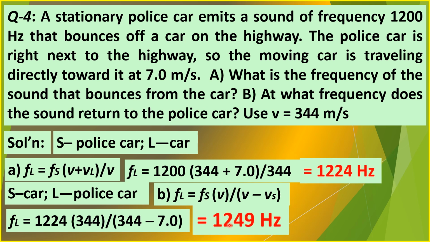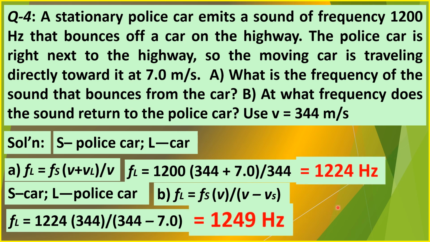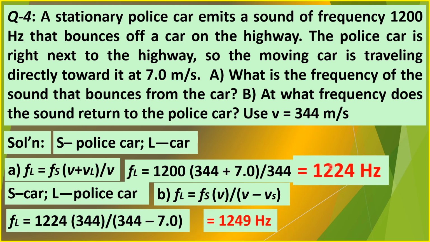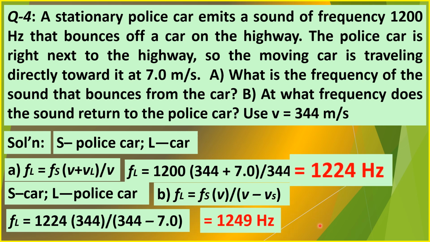Notice that this frequency is much higher compared to the original frequency of 1200 Hertz, or even higher than what bounces from the car, 1224 Hertz. So these are the answers to our question number 4.